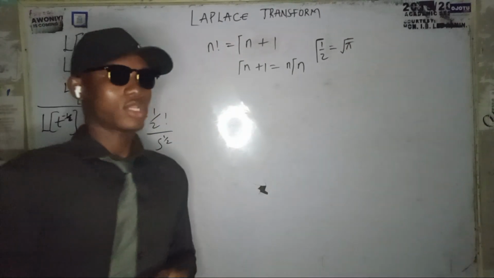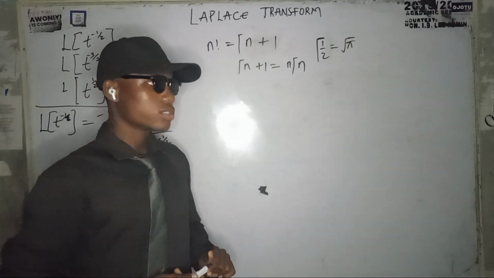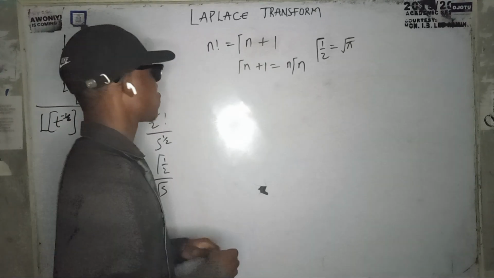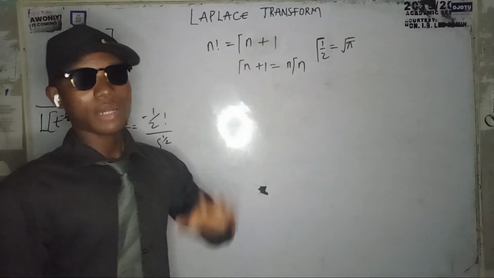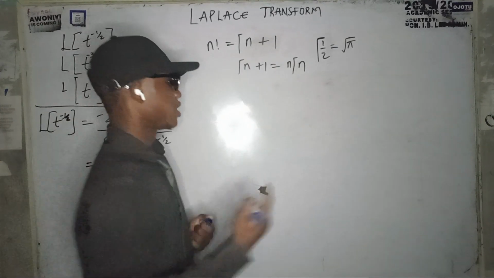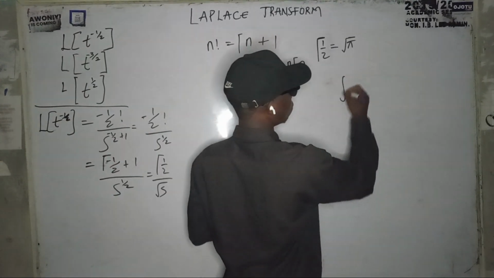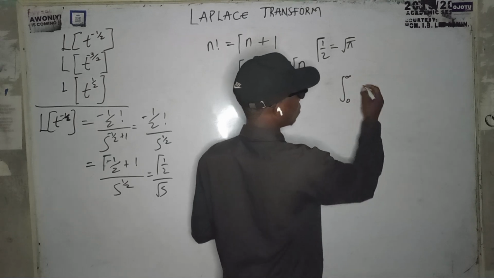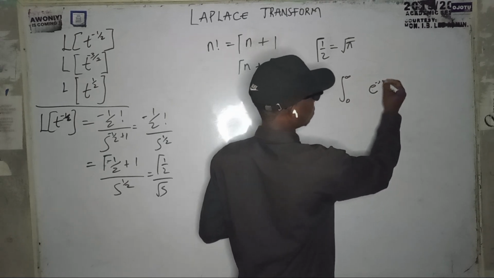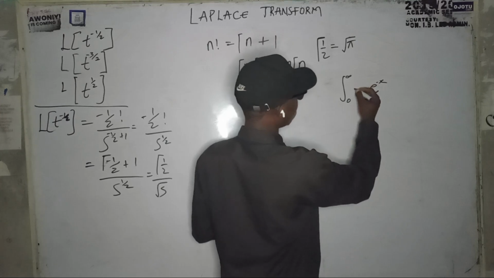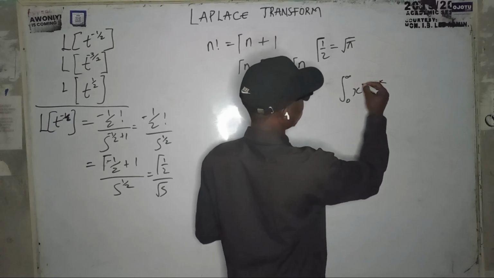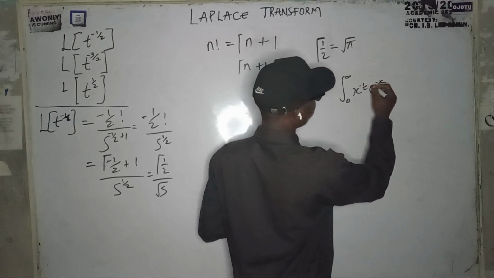Now, there is a long explanation to solving this. You are going to put the gamma function back into its integral form, that is the integral from 0 to infinity of e raised to power minus x times x raised to power minus 1 over 2.